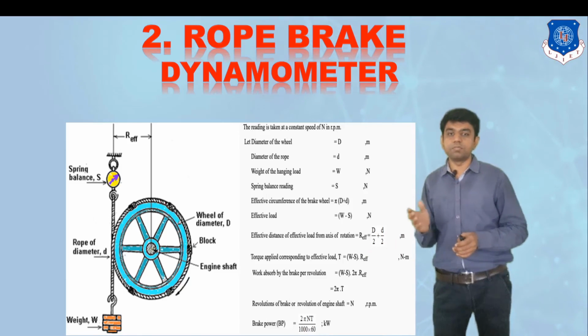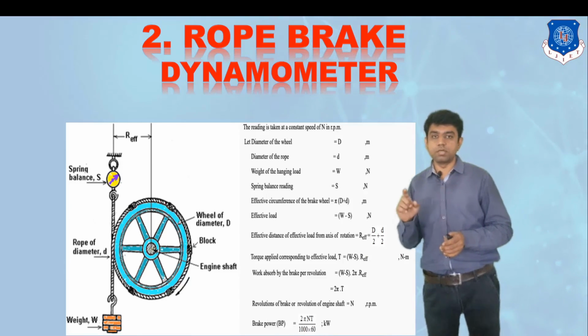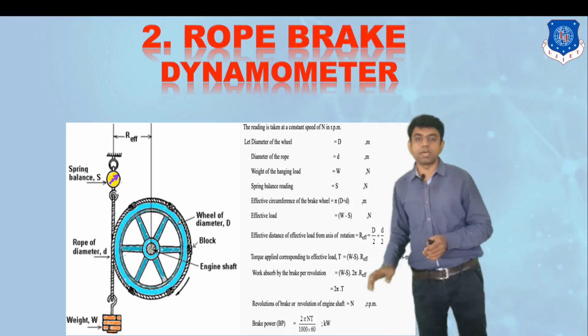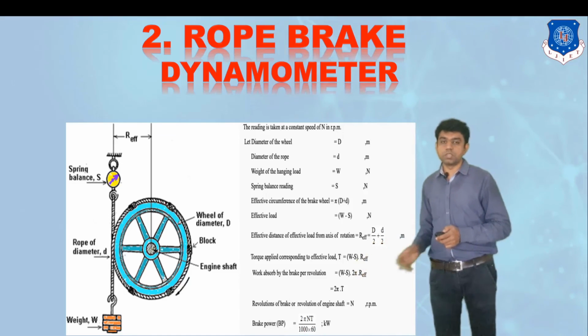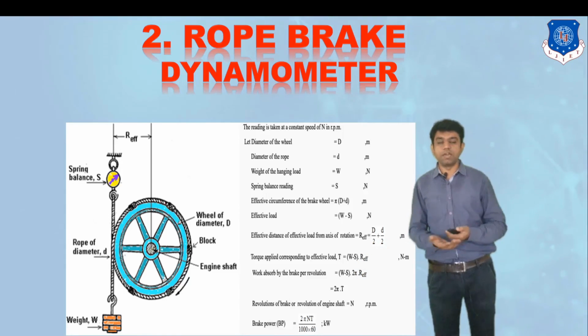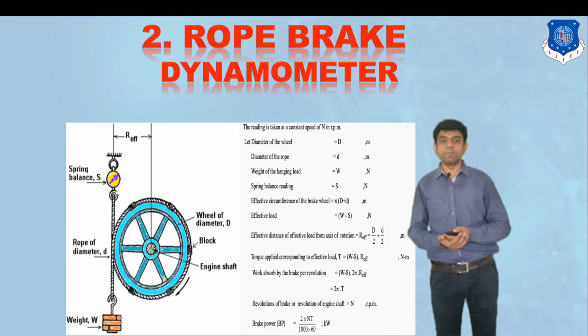Once you multiply both quantities, the perpendicular distance and the force acting, you can get the value of torque, right? And from the value of torque you can find out the value of brake power.